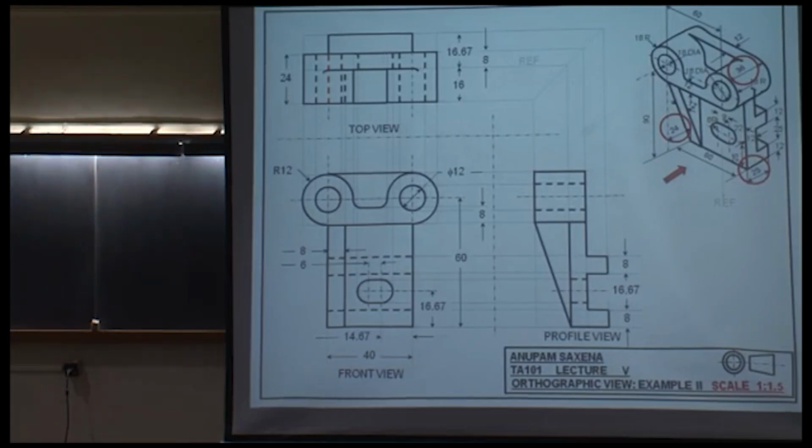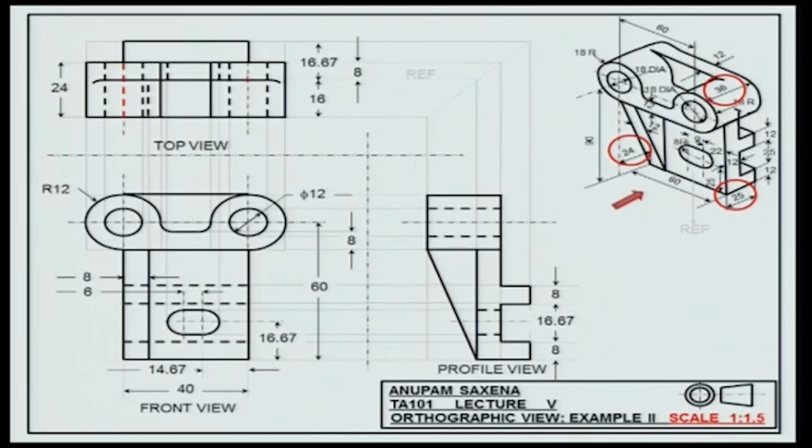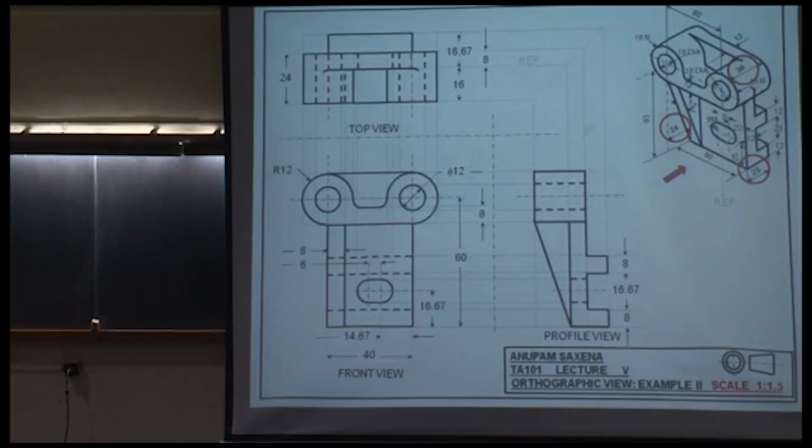This line corresponds to the intersection between the cylindrical feature and the rim. What would this line correspond to? This guy here.